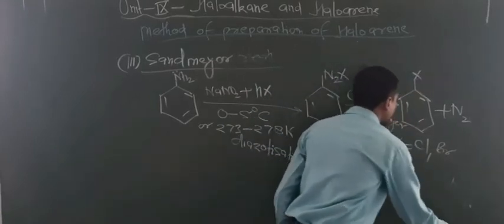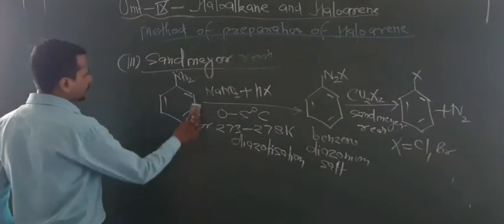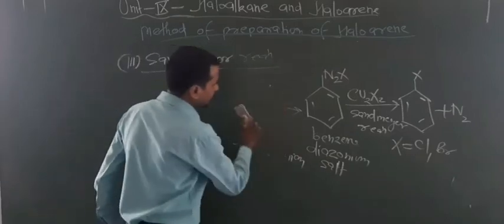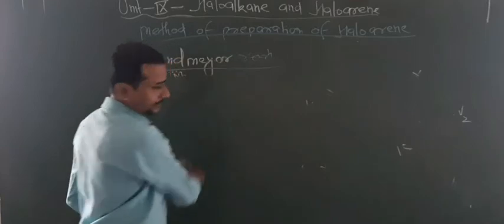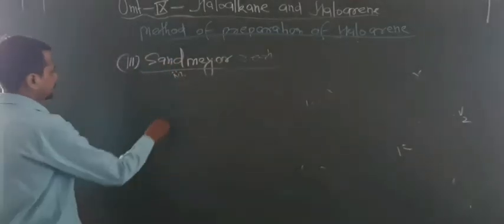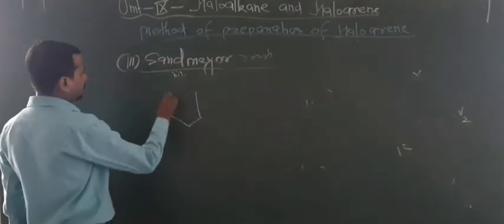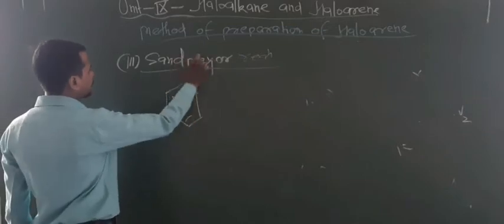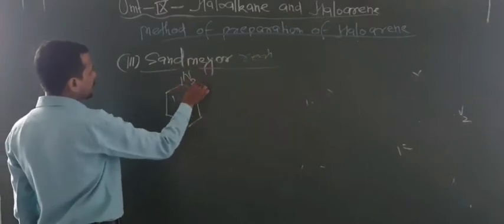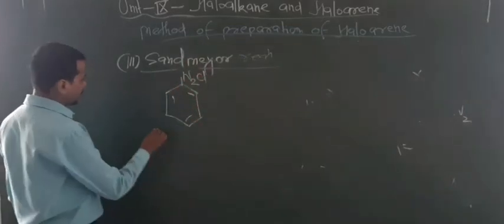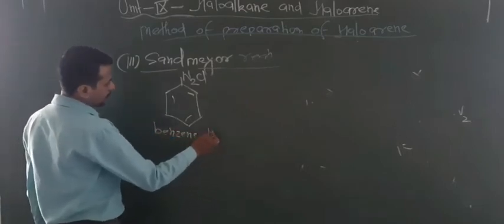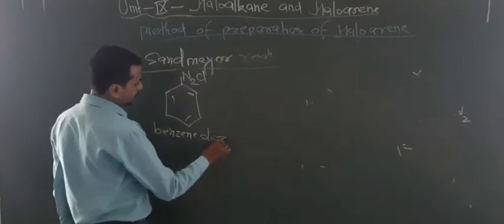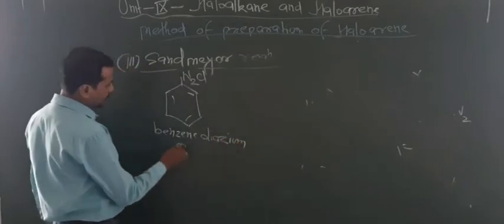Now students, you can also prepare iodobenzene by using benzene diazonium salt. So look at the conditions. We have taken the example of benzene diazonium salt, N2Cl. This is known as benzene diazonium chloride.